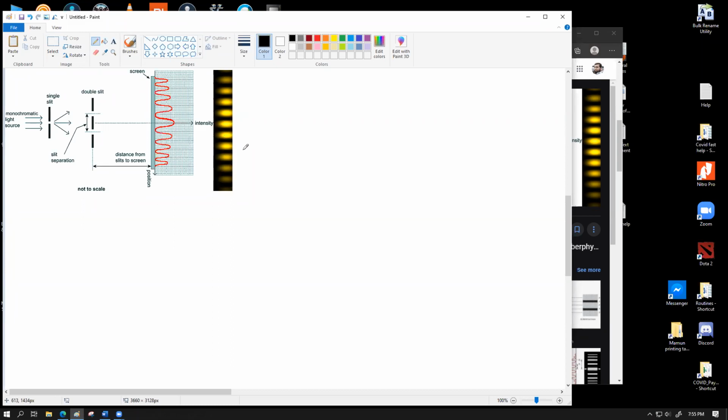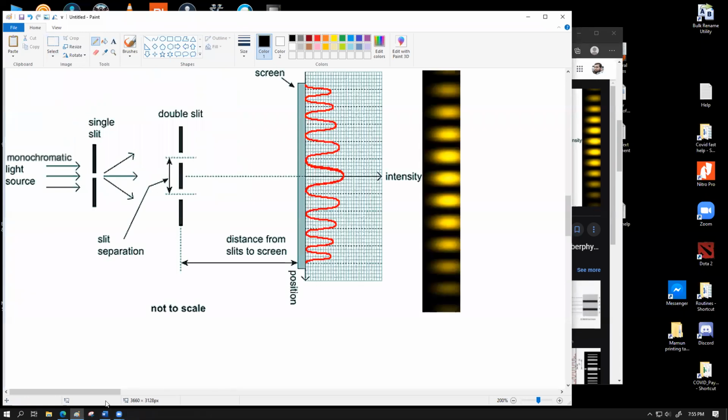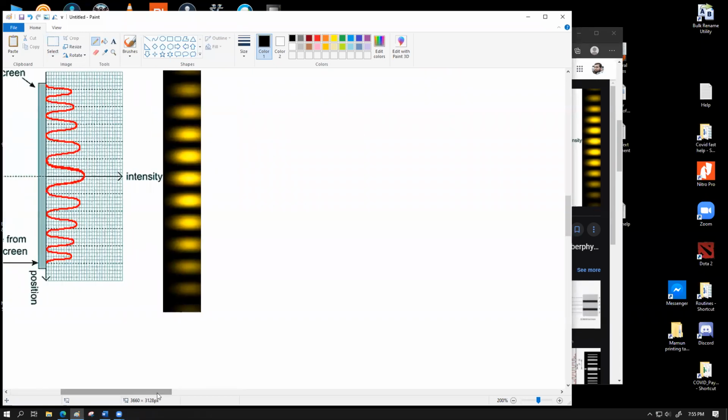The reason we say that fringe separation and fringe width are the same is because of the definition. Let's say this is the center of the central maxima, this is the center of the first maxima, second maxima, third maxima, fourth maxima, and so on. These are the bright points.